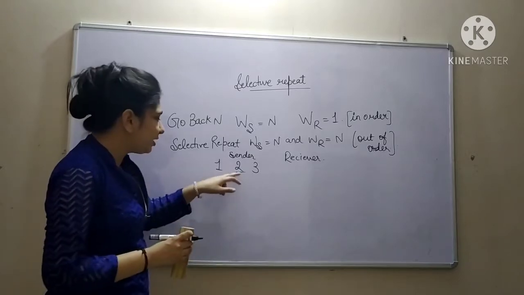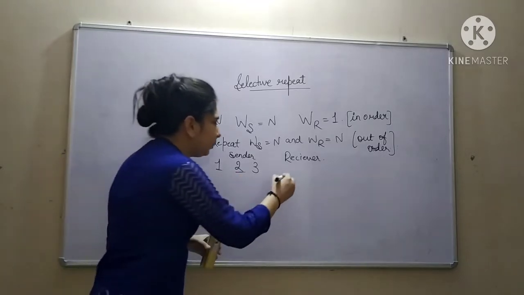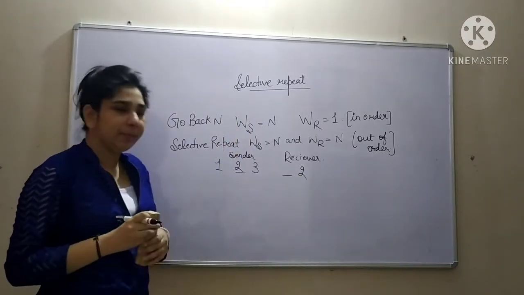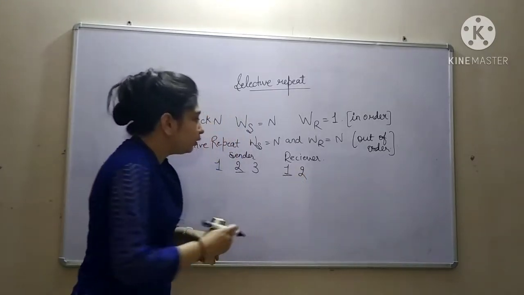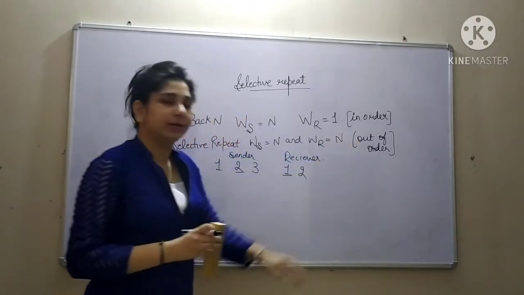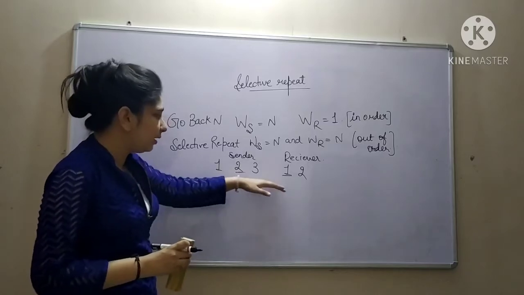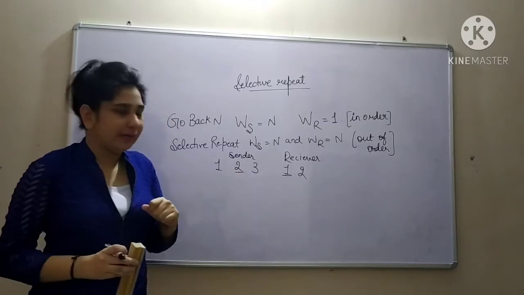If receiver initially gets packet number 2, it will accept packet number 2. If receiver now receives packet number 1, it will receive it. So it is basically out of order. We are not strict in the case of selective repeat.